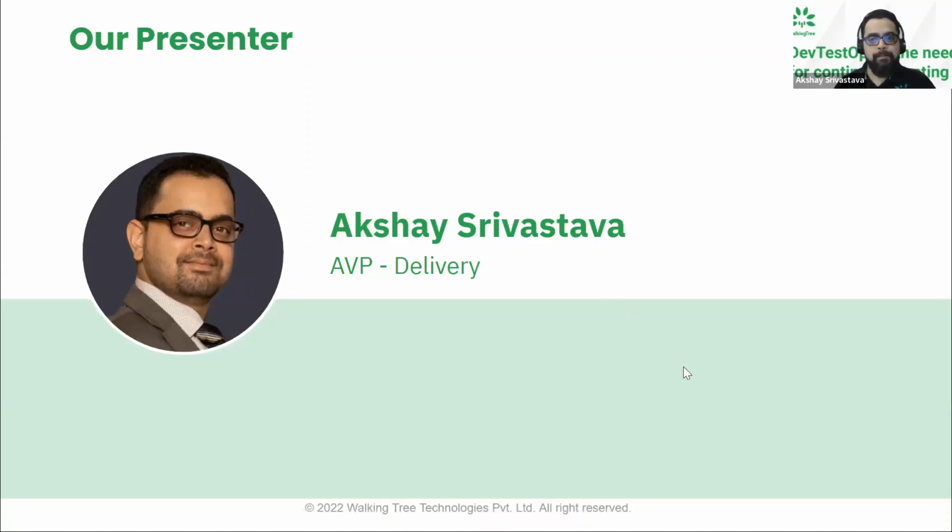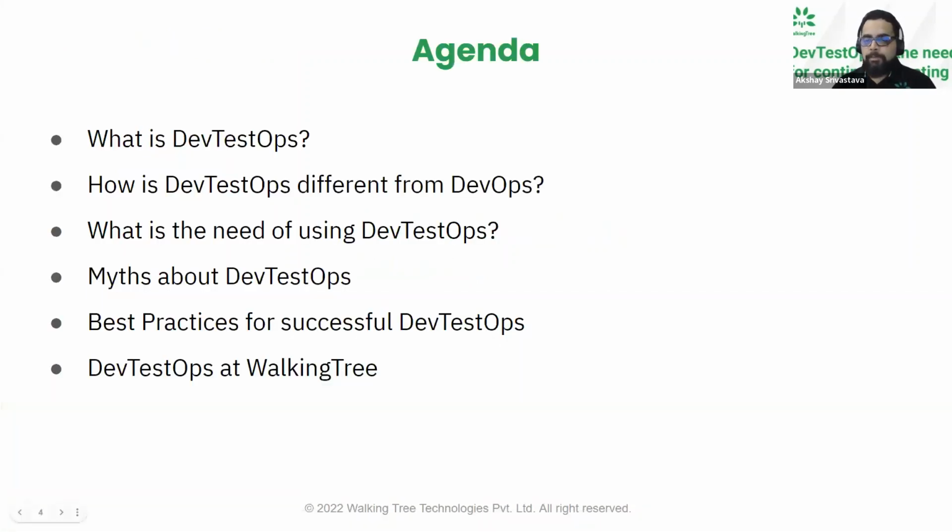So as part of the agenda today, I would like to focus on what DevTestOps is, how it differs from DevOps, and why we need it. Also, I'd like to talk about some of the widespread misconceptions about DevTestOps and how we can optimize the utilization of this framework using some of the industry accepted best practices.